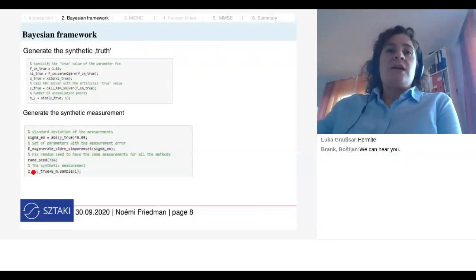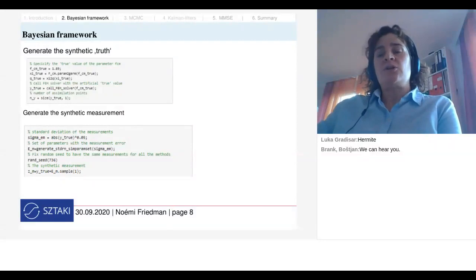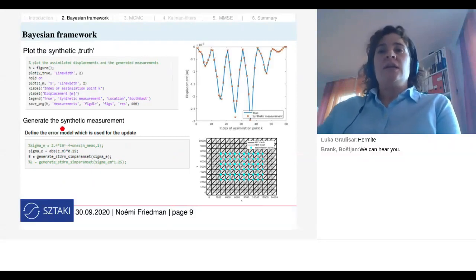And then I made a synthetic measurement, so I just artificially created a measurement vector, which is the computed true value of the response, which I computed here by calling the deterministic solver and the true value of the scaling factor. And I added one sample of the measurement model. So this is a set of random variables. I make one sample of that, and this will be my synthetic measurement. And then everything is comparable.